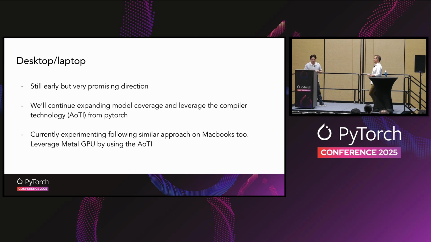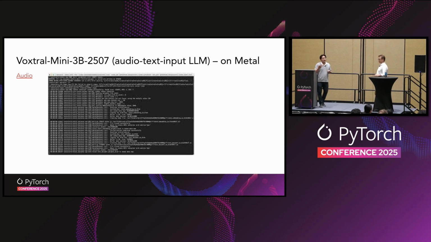We're also experimenting with a similar approach on MacBooks, leveraging the Metal GPU by using AOTI. So this is another example, a Voxtral example, using the kernels from PyTorch core directly from the MPS Metal backend, compiling it and being able to do inference.